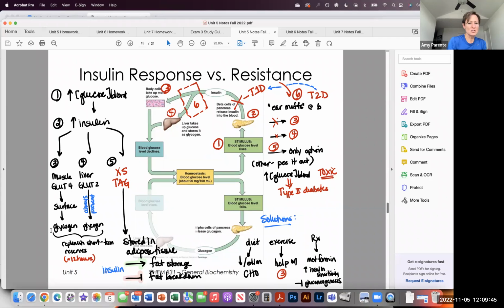Well, muscle cells are going to store it as glycogen. Liver cells are going to store it as glycogen, and they're going to replenish those short-term reserves. They only have about 12 hours' worth of energy stored there, and they're not infinite in size. So once you pack those back up, any extra blood sugar is going to be produced into triglycerides. That happens in the liver, and it gets stored in the adipose tissue.